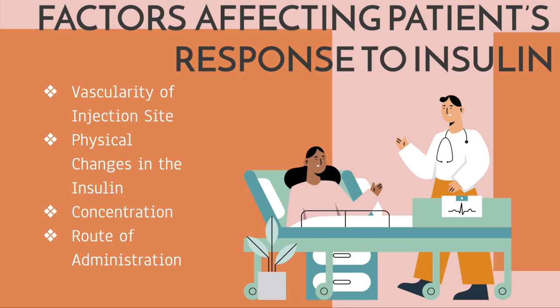The concentration of insulin is also a factor, and so is the route of administration, since we all know that the abdomen is the fastest site of injection for the speed of absorption of insulin. So the speed of absorption affects the patient's response to insulin.